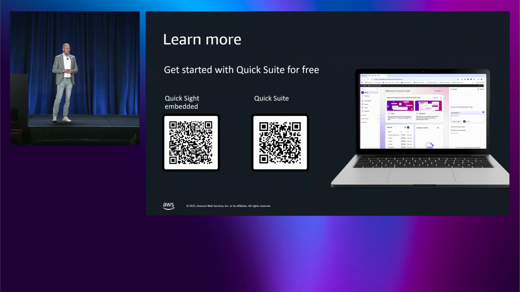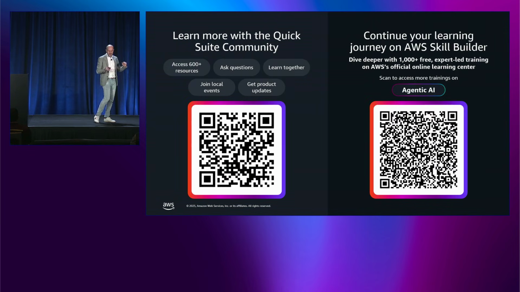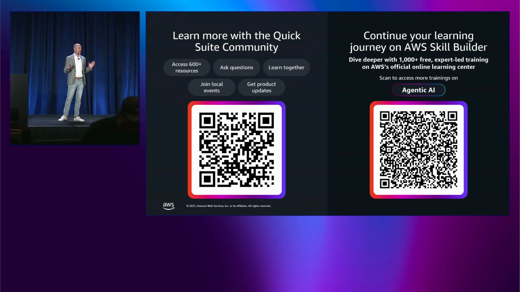With that, if you are interested in knowing a little bit more, you can scan this QR code. You can go to QuickSight Embedded, QuickSuite. But I will highlight this one on the left of the slide, the QuickSight community, because it contains all the information that you need, literally.